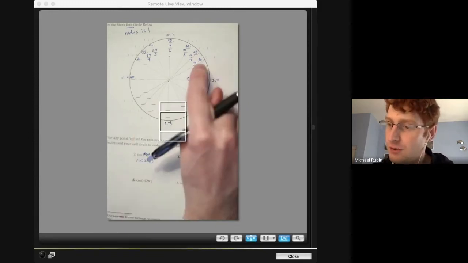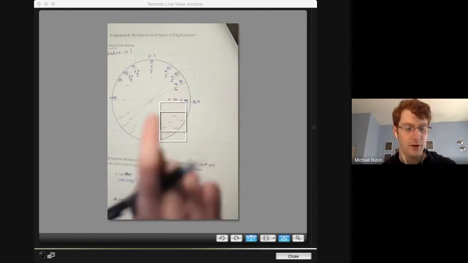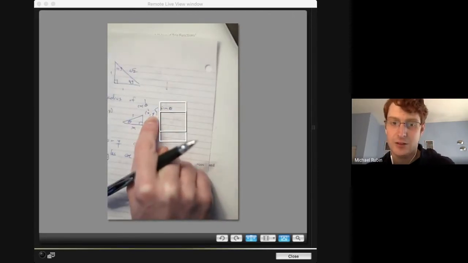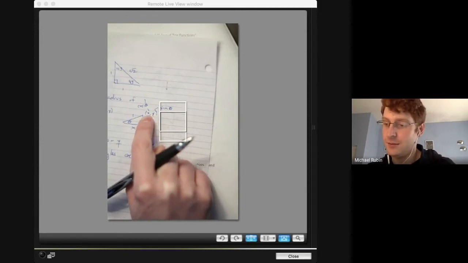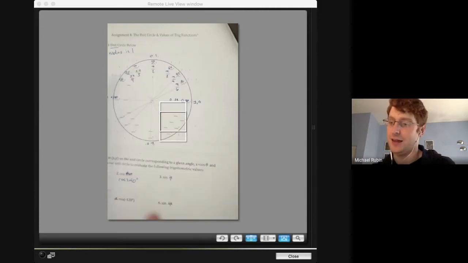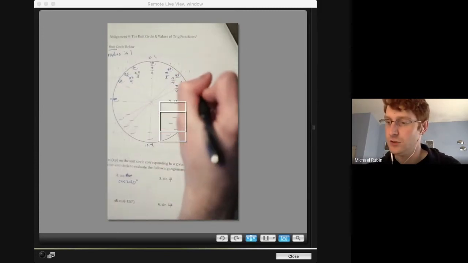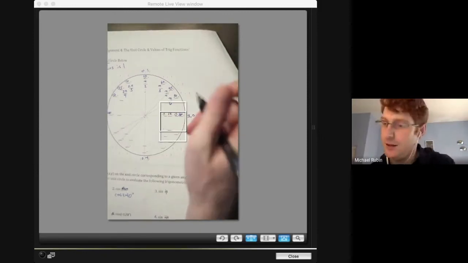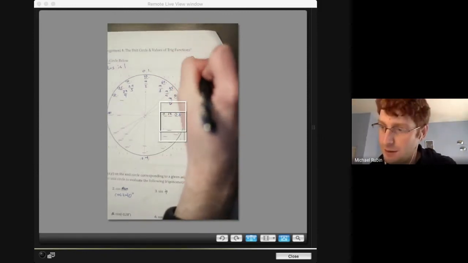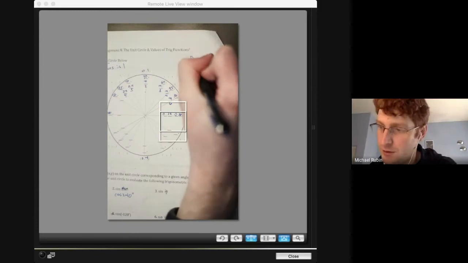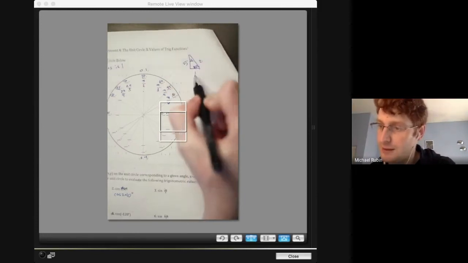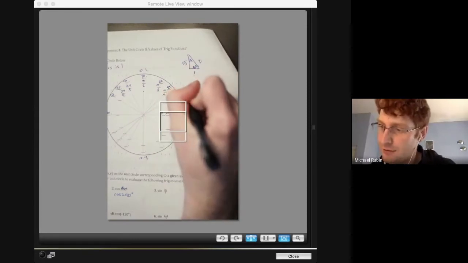And then for the others, I use the special right triangles. Recall that sine of theta is the y-coordinate on the unit circle, and x is cosine of theta. So over here, the y value is just sine of 30 degrees, which is opposite over hypotenuse, which is 1/2.